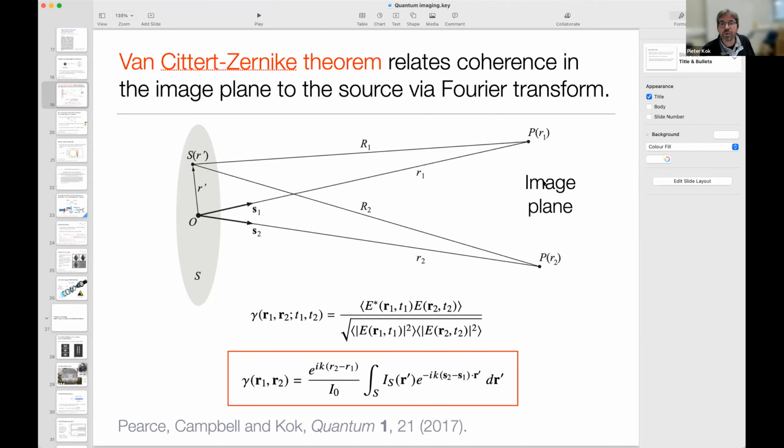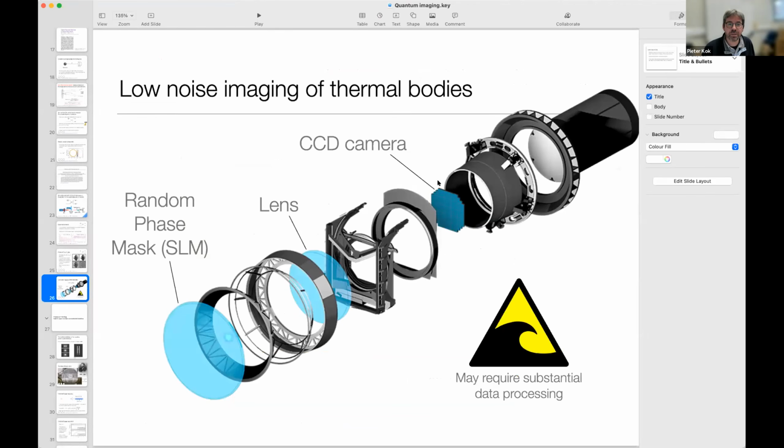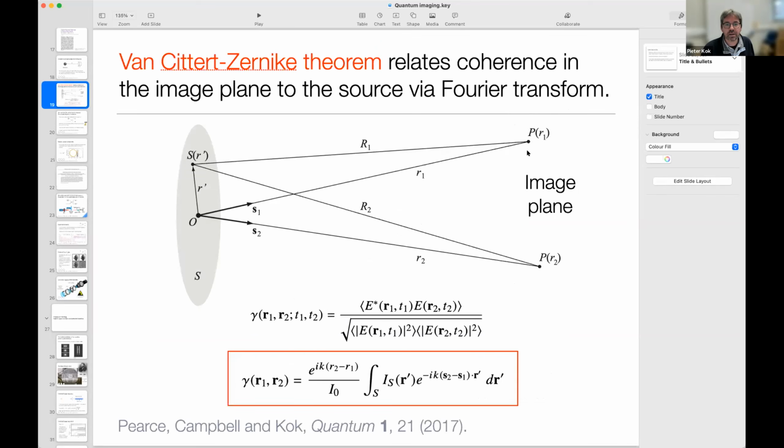But in principle, you can fill the entire image plane with detectors and then do post-processing, where the image plane is filled with detectors. We've got our beam splitter, which is now a lens, and we've got our phase shifts, and you can basically calculate the complex degree of coherence from the experimental data.